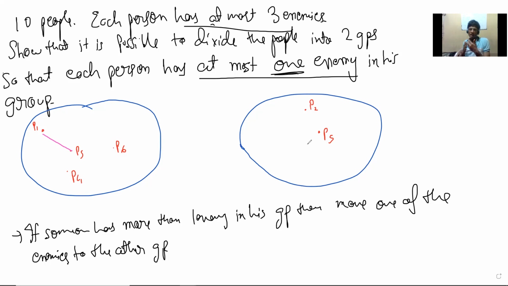If someone has more than one enemy in a group, and we don't want more than one enemy in a group for anyone, then you move one of the enemies to the other group, and if you keep doing it, then you'll move both. But then if you keep doing this, why should it eventually give you the partition, so that in their own group they don't have enemies?